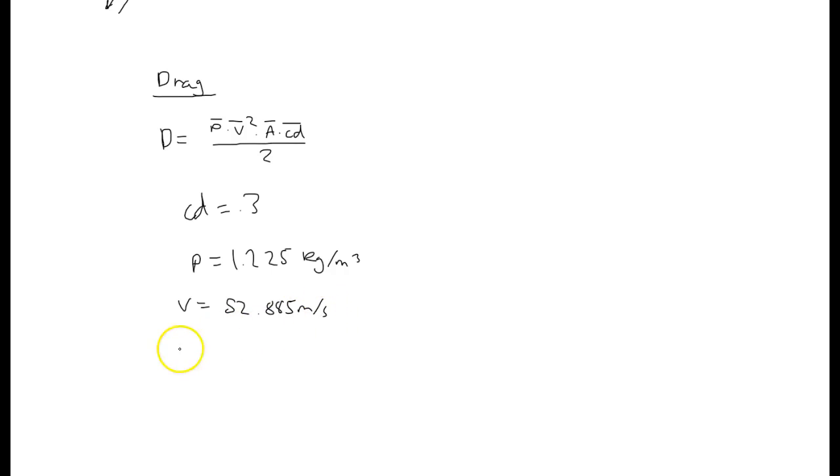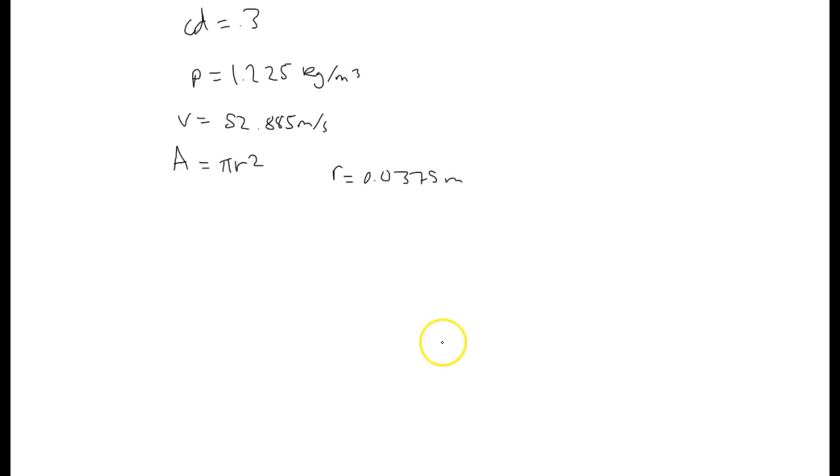Finally, we have the area, and the area of the cross section of a sphere is the classic pi r squared, found in geometry classes. Everybody knows it. The radius of a baseball on average is 0.0375 meters. So when you plug the radius into that equation, you get an area of 0.0044 meters squared.